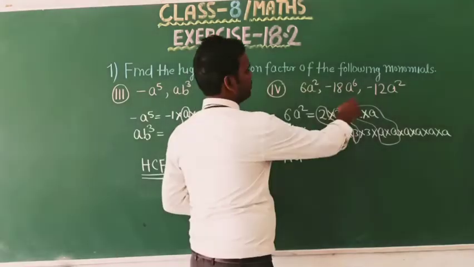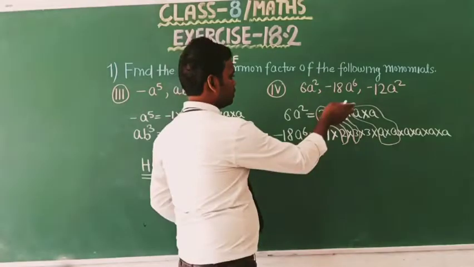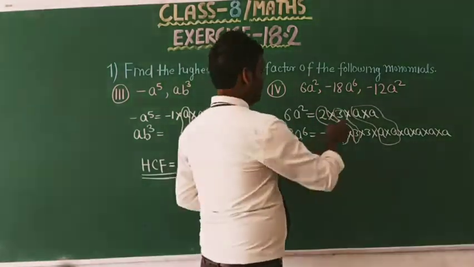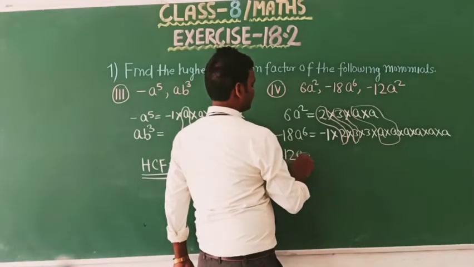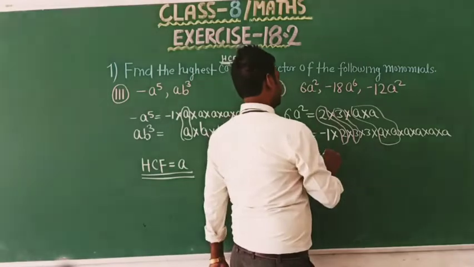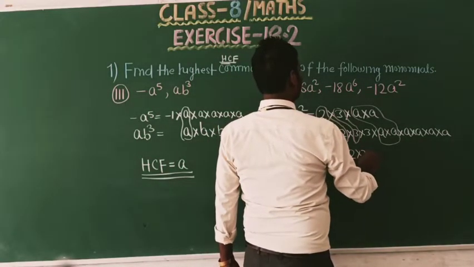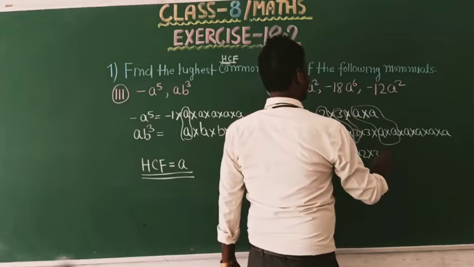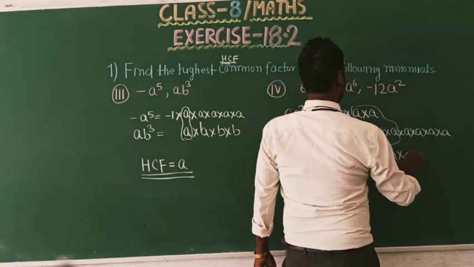I also have another expression, minus 12a square, which I forgot. Minus 12a square can be written as the product of minus 1 into 2 into 3 into the product of a into a.